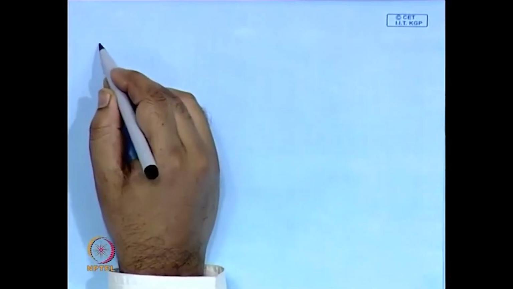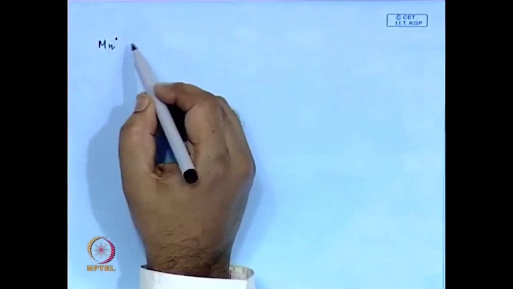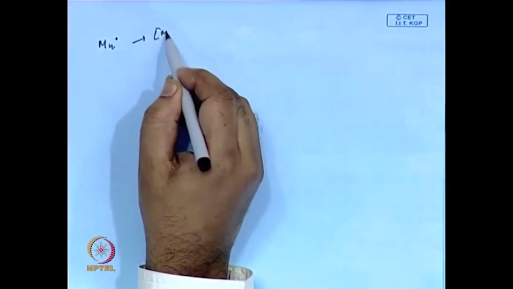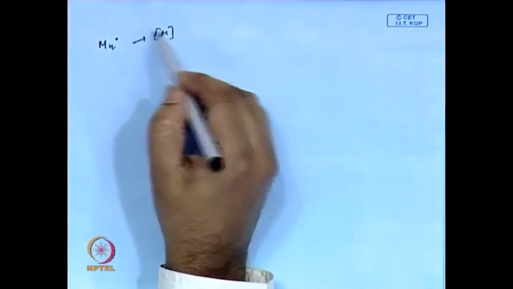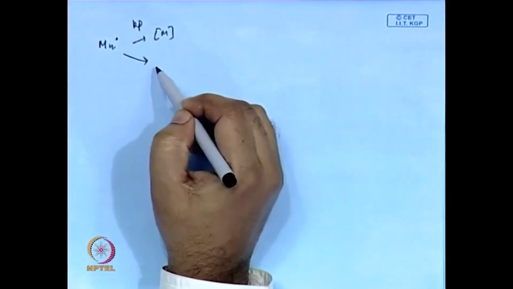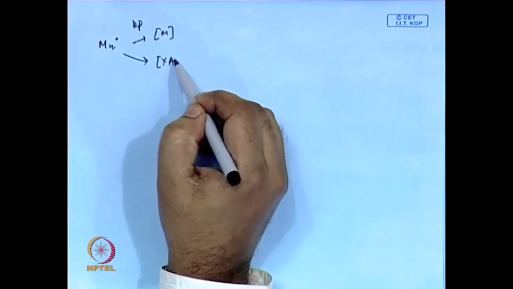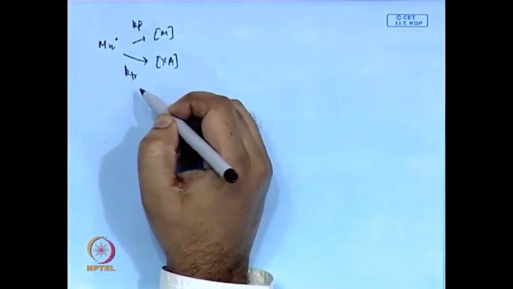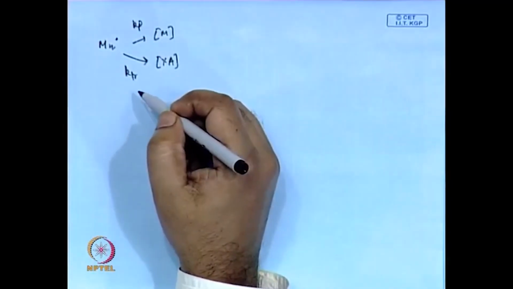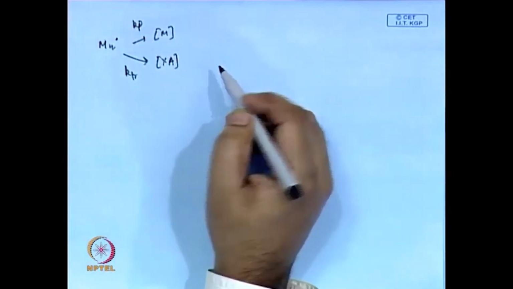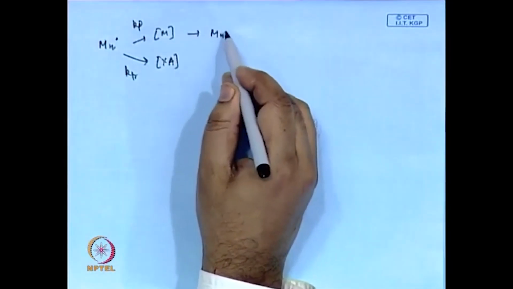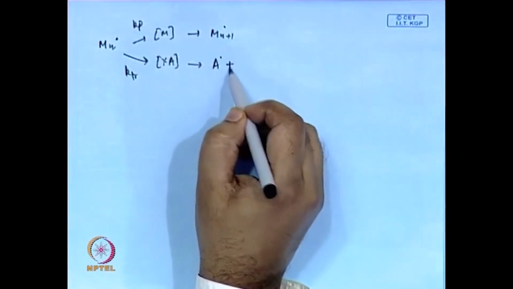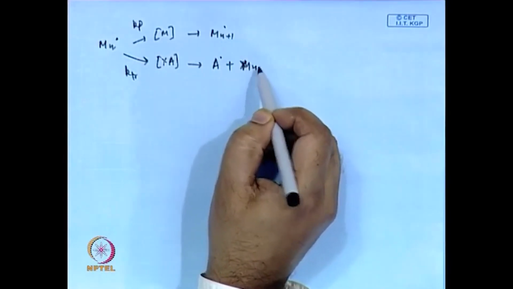Now, if I look at this M_n, a propagating radical of chain length n can react with a monomer, which is K_p, and it can react with XA, which could be solvent and others, which is basically the transfer. Now, this produces again M_(n+1) radical, and this produces A radical plus X M_n.